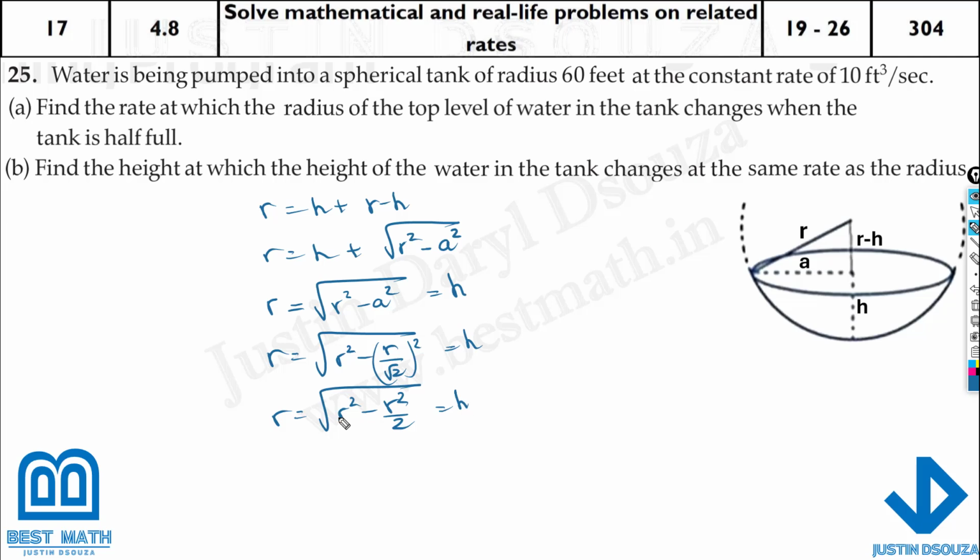Now imagine r squared is 1, and it will be 1 by 2. What will be x minus x by 2? What is 1 minus half? It's half, right? Even x minus x by 2 is x by 2 itself, half of x. Same way, we can write over here r squared minus r squared by 2 will be r squared divided by 2. That is h.